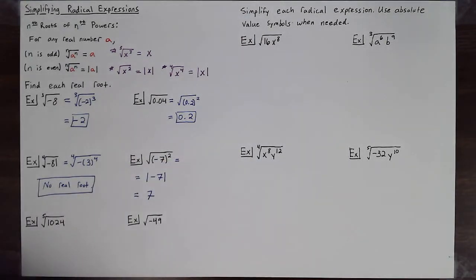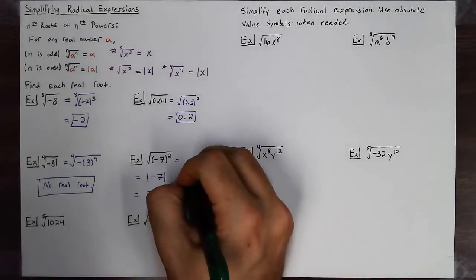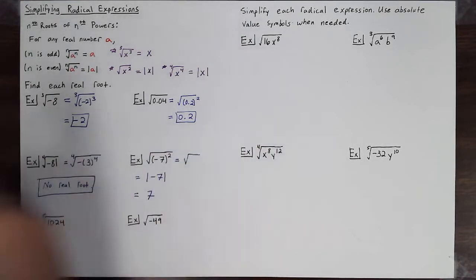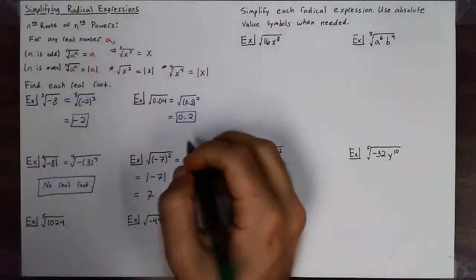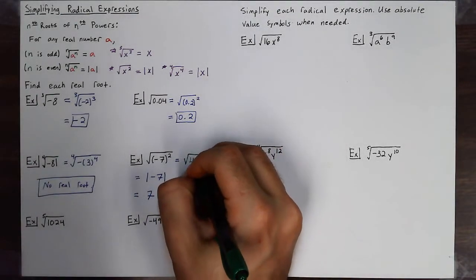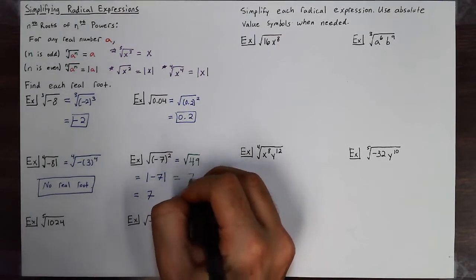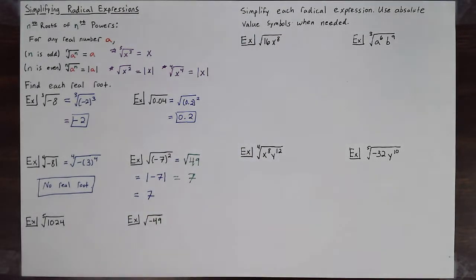That would be 49, and the square root of 49 is 7. So either way, you'll get to that correct answer.